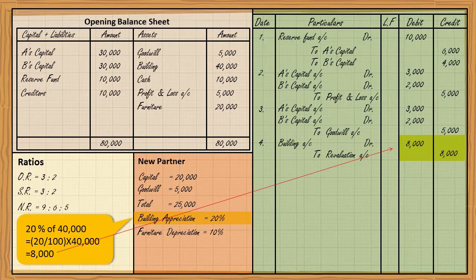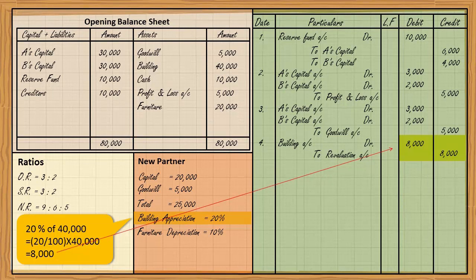So we have credited revaluation account. It's a nominal account. If we credit the nominal account, it means we are creating profit in the books. And building has been debited. It means building is an asset and it is carrying debit balance. If we debit building account, it means we are going to increase the value of building by rupees 8,000 in the books.